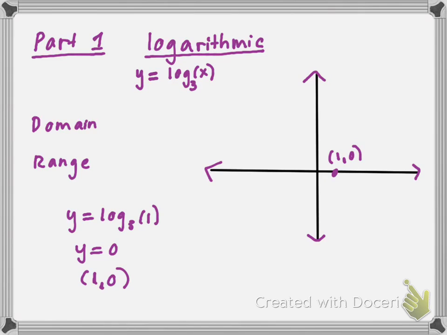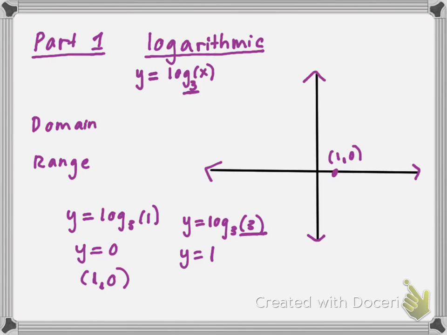Now, the next key point that we're looking at is we have this base of 3. So we are going to plug in 3 for x. y equals log base 3 of 3, which, whenever we have a log of something that's the same as the base, we get 1, because our goal in logarithmic functions is to find what the base needs to be raised to get to the number that we're throwing into the function.